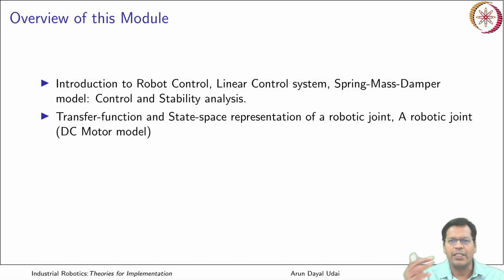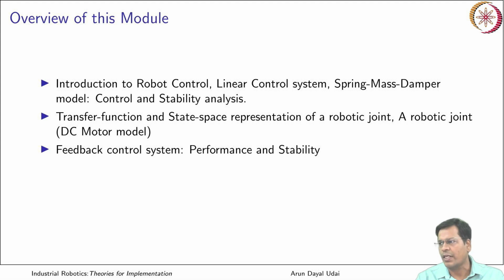If you have seen it earlier in the actuator model, you must have noticed torque is proportional to current, with the motor constant given by km. That fundamental equation remains the same, and that is the reason the control we are handling in this class is applicable to most kinds of robots, which have various other kinds of actuators also.